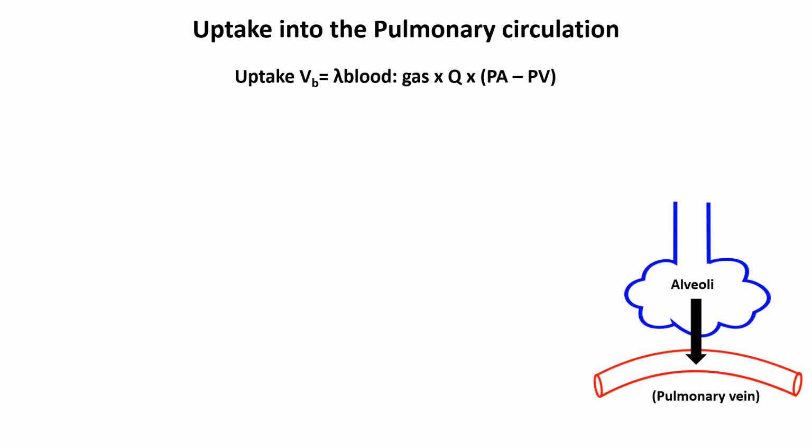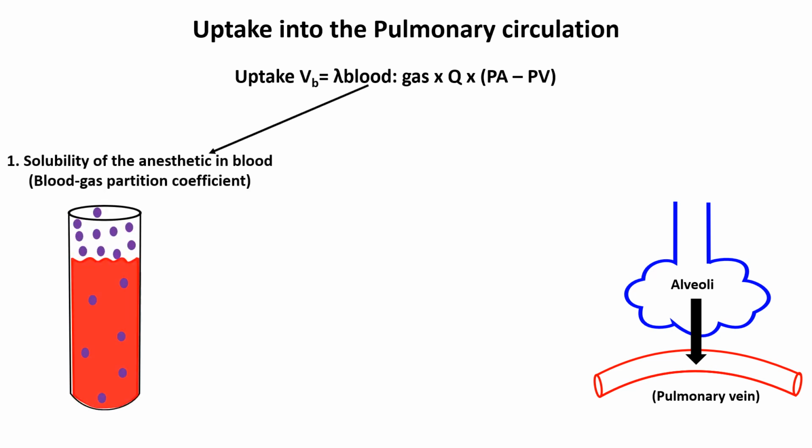The uptake of anesthetic into the blood depends on a lot of factors, which are explained by Fick's equation. The equation explains the rate at which a gas is transferred across a membrane, such as from the alveoli into the blood. This rate is influenced by several specific factors. One of these factors is the solubility of the anesthetic agent in the blood, which determines how easily the gas dissolves in the bloodstream.